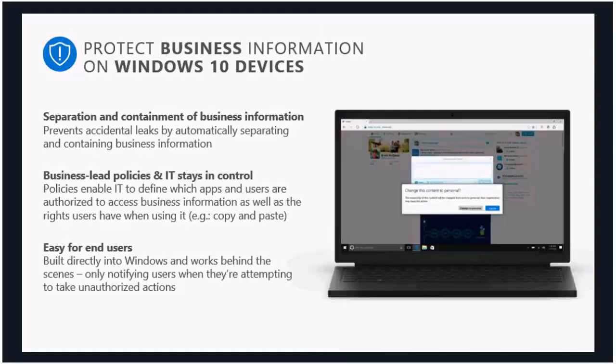We also have a very robust information protection mechanism built into Windows. Through Windows Information Protection, you can protect contents on Windows 10 machines. So not only can you protect content on iOS and Android devices via Intune, you can also protect content on Windows through Intune through this robust framework called Windows Information Protection.